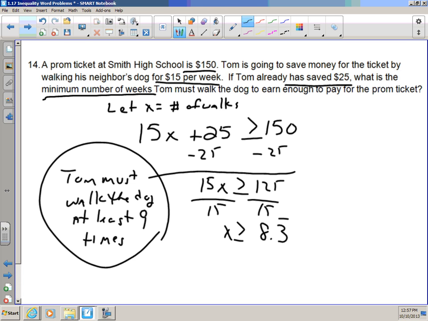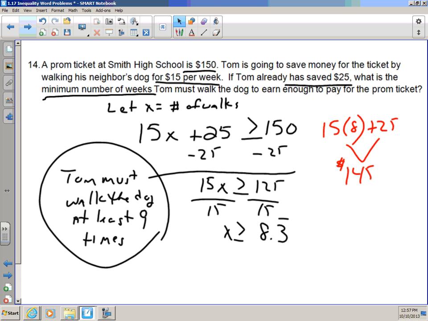Do not get confused that if you round 8.3 repeating, it rounds to 8. If you only did 8, and here's how you can check it, if Tom only did 8 walks, he would only reach $145. He's short of his goal. The fact that he does 9 walks means that he's going to be over his goal, but at least he achieved it. Okay.